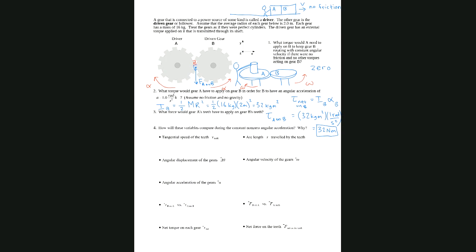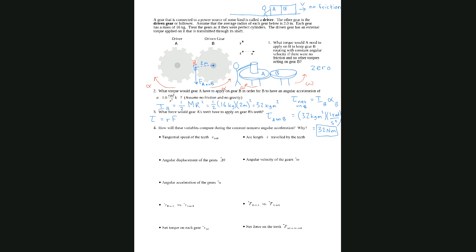Okay, so to calculate it, we're going to use the other formula for torque, which is torque equals R times F. And they told us that the radius of the gear was 2 meters. That's going to be the lever arm of the force, and so that force will be able to cause a counterclockwise torque on B through the lever arm.